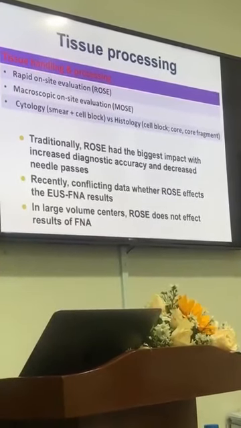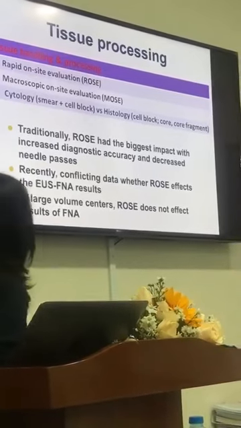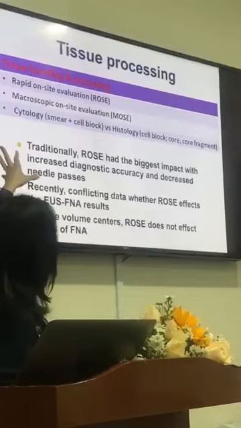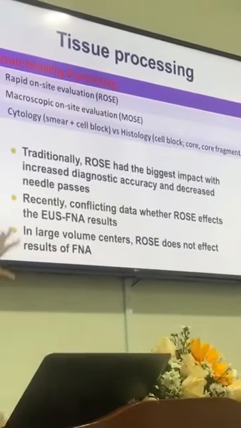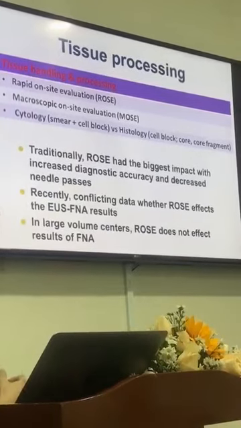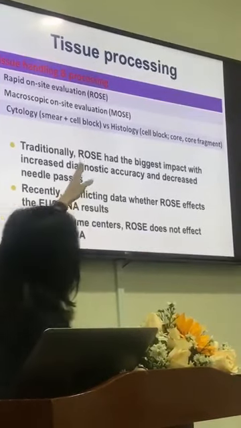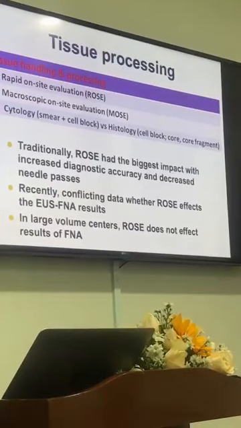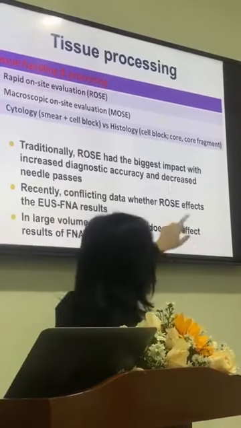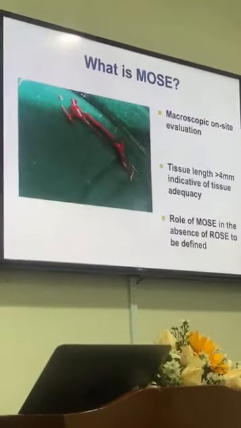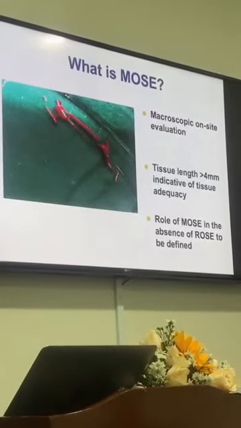Okay. So what we do when we get more experience is that we will train ourselves to do MOSE, which is macroscopic on-site evaluation. We would add additional tissue processing, which is cell block preparation to create histology examination. We use FNB needle to get core tissue. With that, it might be able to replace ROSE.